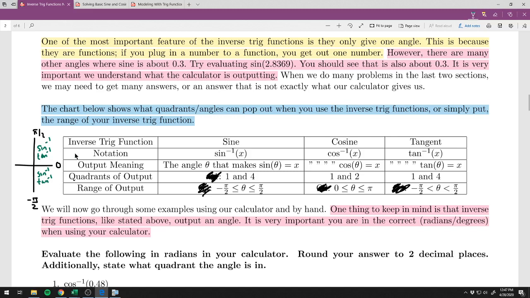Now for cosine inverse, we use quadrants 1 and 2, and that's from our regular 0 to pi, because 0 to pi is just like this connected interval. So they all use quadrant 1, but cosine inverse uses quadrant 2 because x is negative over here. And then we use quadrant 4 for sine and tangent.